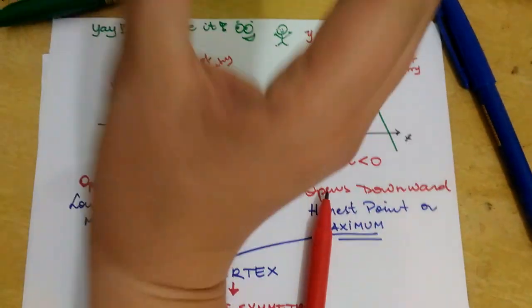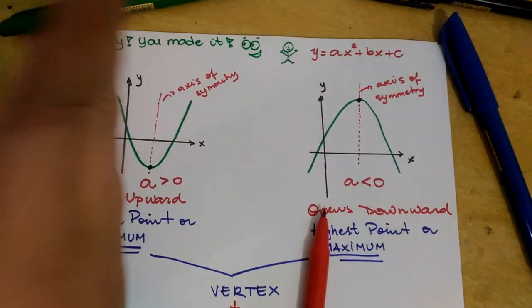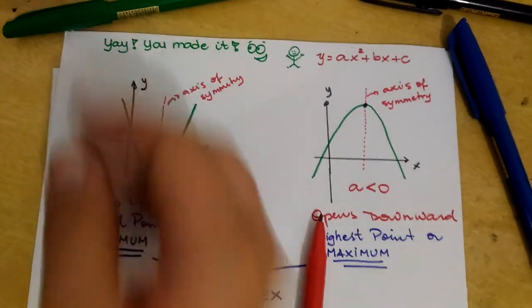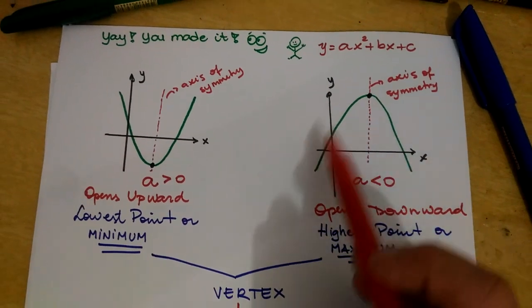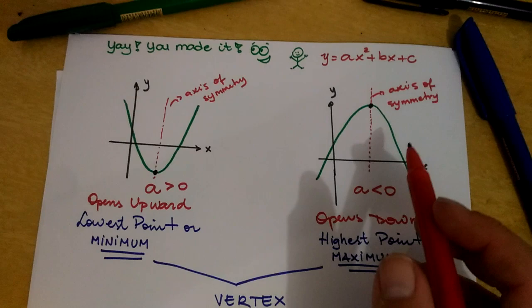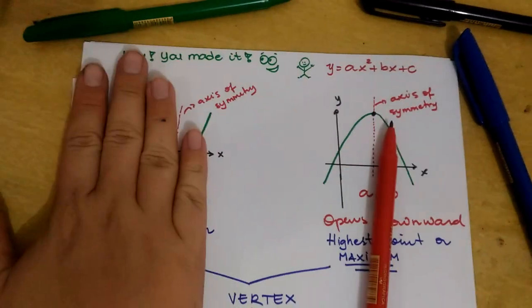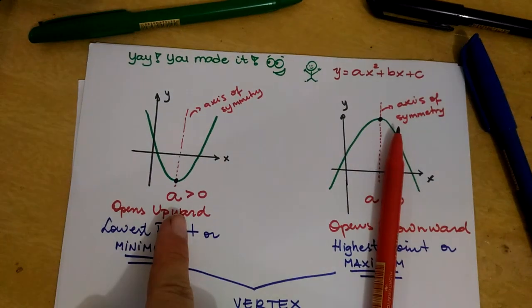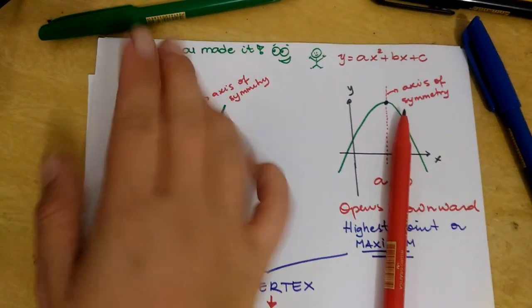So if you got the graph like this and you fold it in half, both parts would be right one on top of the other. Of course, this is just a sketch, so obviously it's not actually very symmetric, but they should be. This one looks more symmetric. If you fold this through the axis of symmetry, you should have one on top of the other exactly.